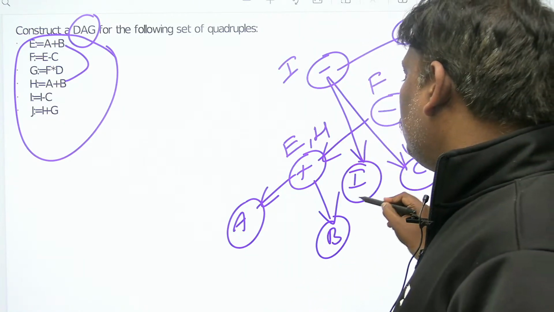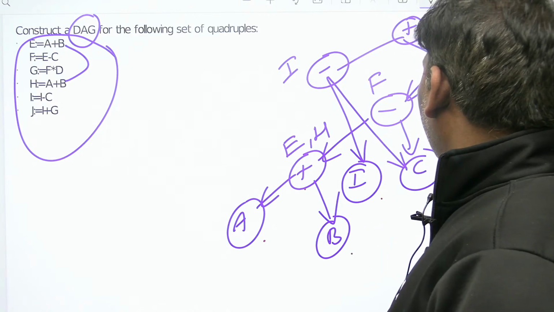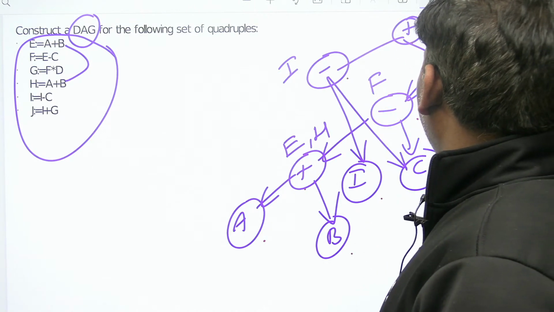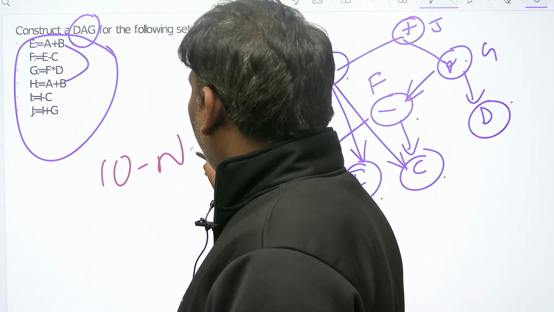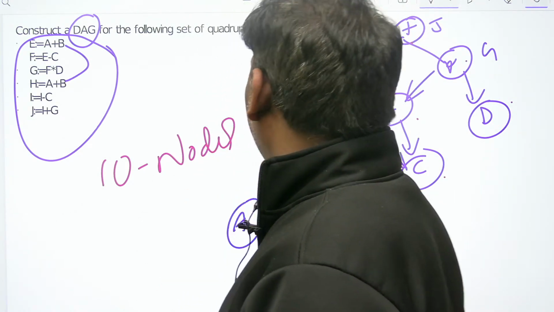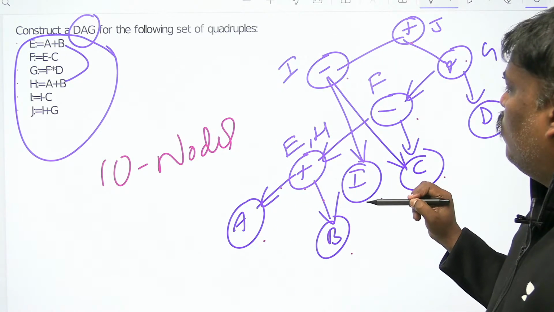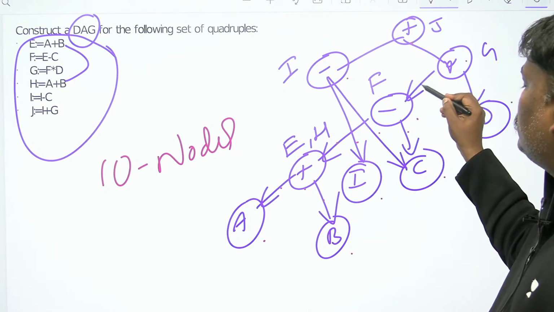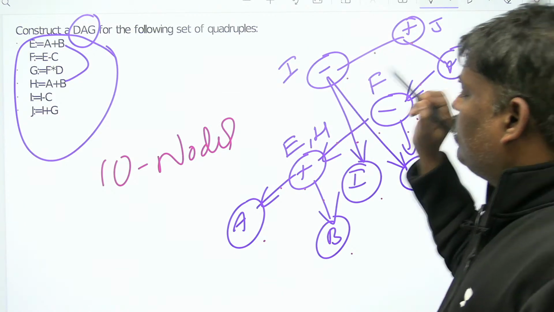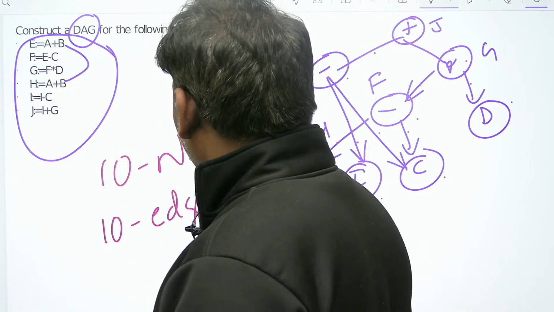In this DAG, how many nodes? 1, 2, 3, 4, 5, 6, 7, 8, 9, 10. Ten nodes are there. How many edges? Count. I think 10 edges.